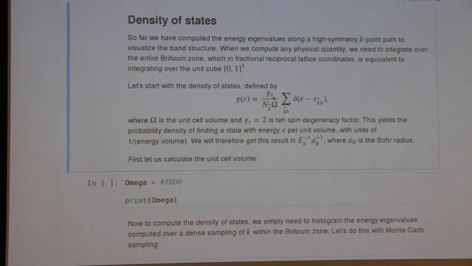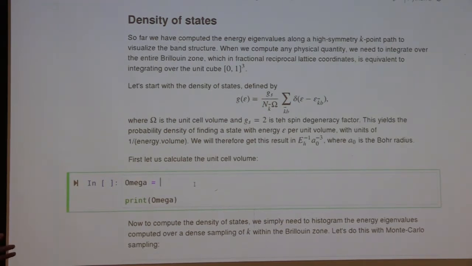All right. So the first thing we need to do is to calculate the unit cell volume because we're going to need that. So this is once again just for warm up. So can anyone help me with that? Based on what we have so far, how would you calculate the unit cell volume? Right, so we have the lattice vectors. And how do we calculate the volume from that? Because this is not a cubic lattice.